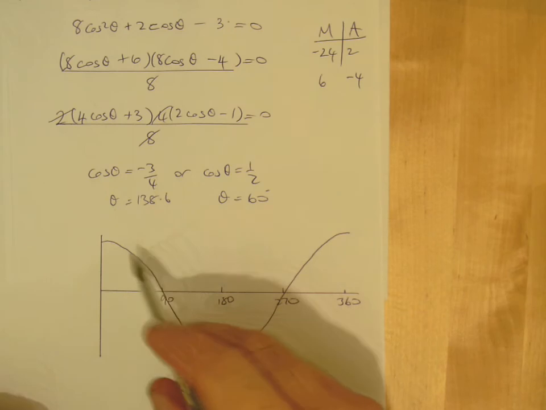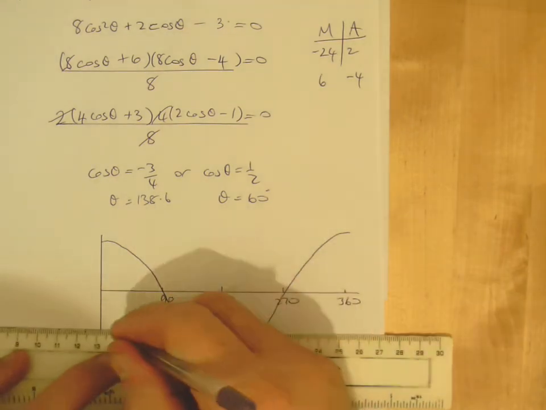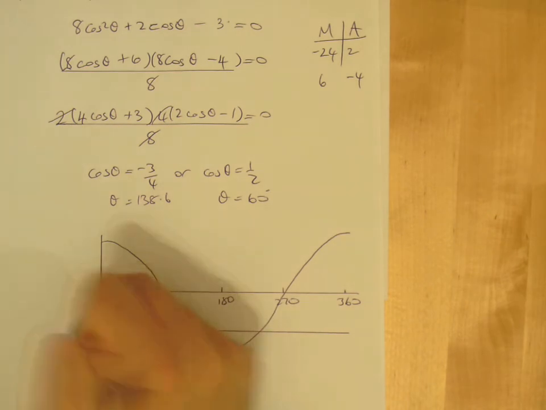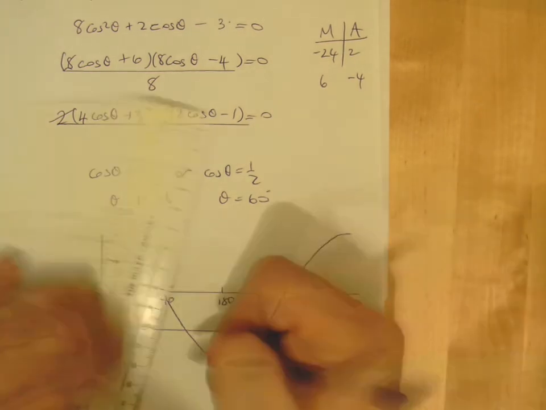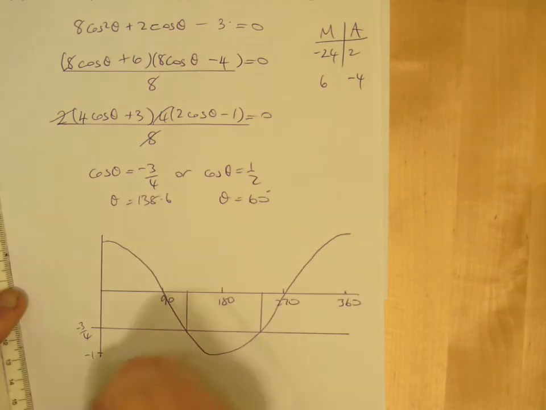Okay, so then when it equals minus 3/4, which is about here, minus 1 is the lowest point, so that's minus 3/4, say, very roughly. So you could see then theta is 138.6, which is that solution.